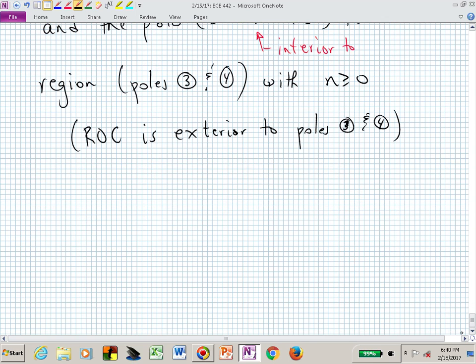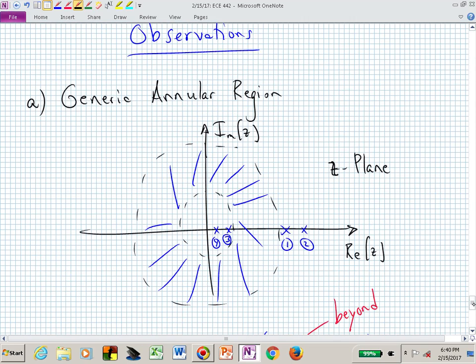That's one observation. We can determine the sidedness of our time domain waveform by looking at the region of convergence's relationship or orientation to the pole locations. Is it clear? If we had something over here, let's say pole number 5, which one would it be grouped with?